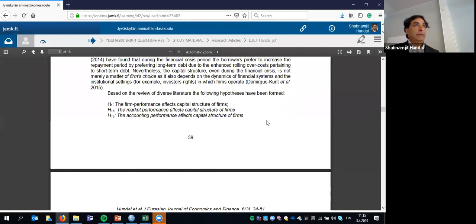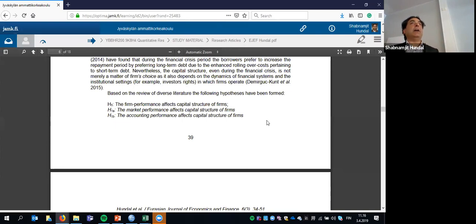I didn't say that firm performance favorably or unfavorably affects capital structure. I said it affects. We don't know the effect. It means that I read articles which say one thing for sure, that firm performance affects capital structure. But some of them say favorable, some of them say unfavorable.